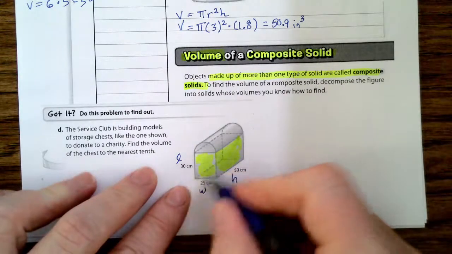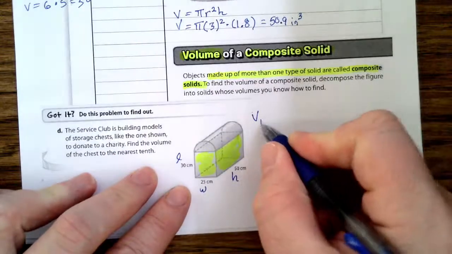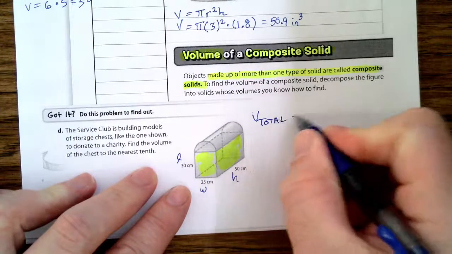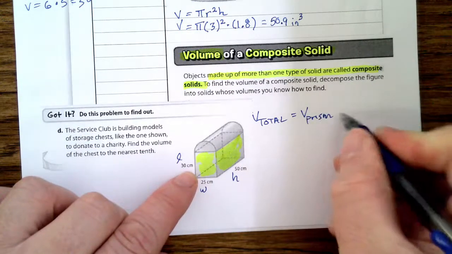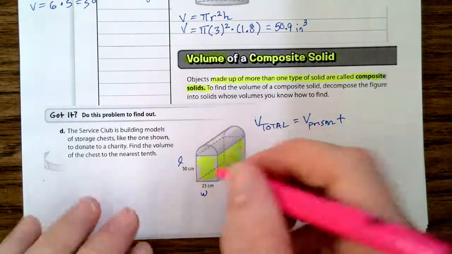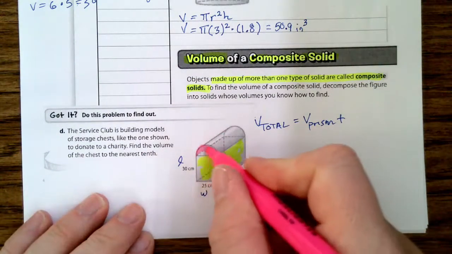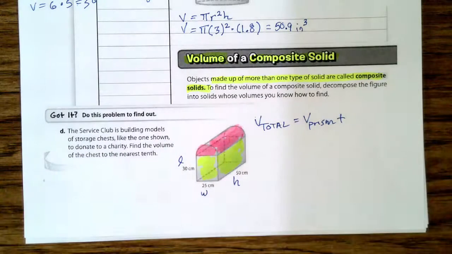So we have the front base 30 times 25. So the volume total is what we'll call the composite. It's made up of the volume of the prism. And now you have a cylinder sitting on top.